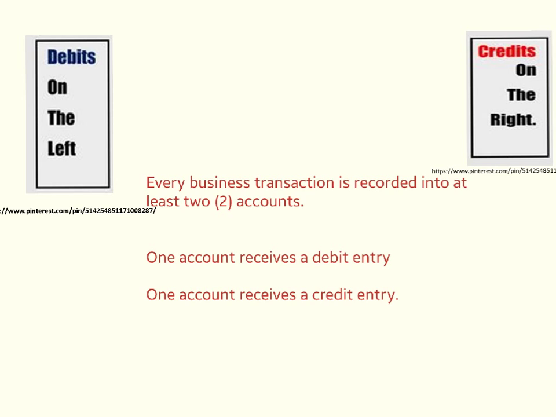So each time you analyze a business transaction, one account receives a debit entry and one account receives a credit entry. If you remember back to the worksheet, we were using plus and minus. Now we're going to use a T account and do debit and credit.